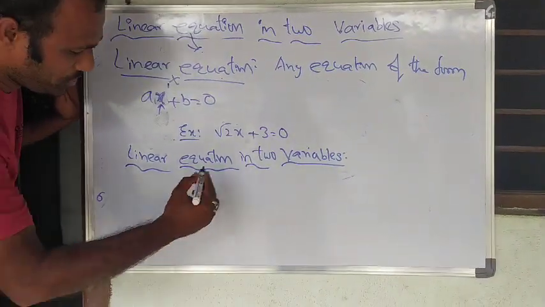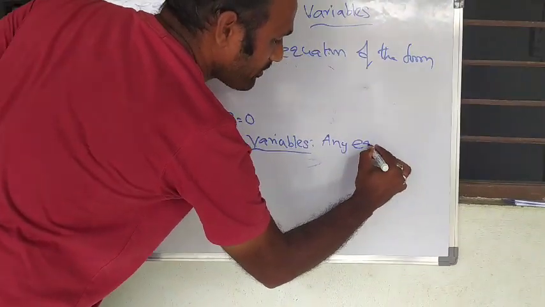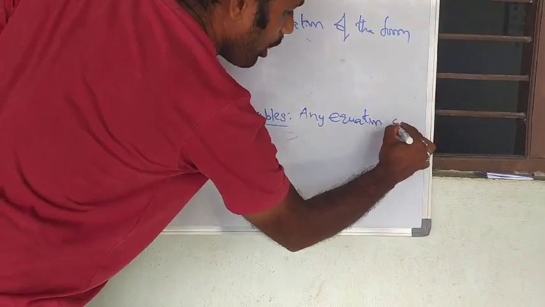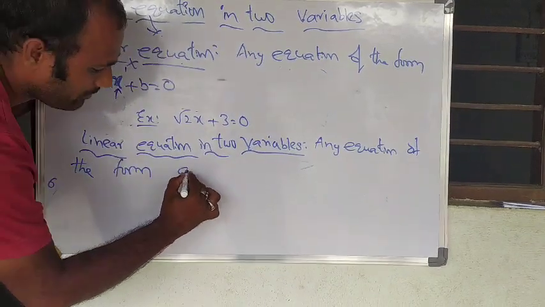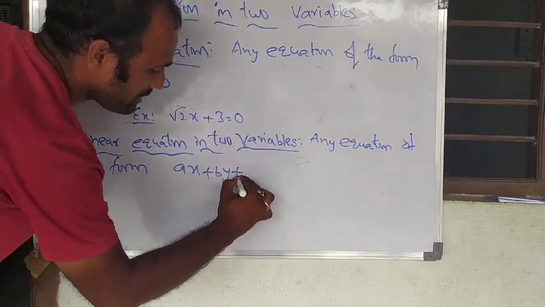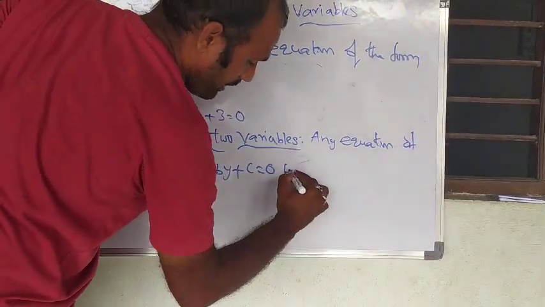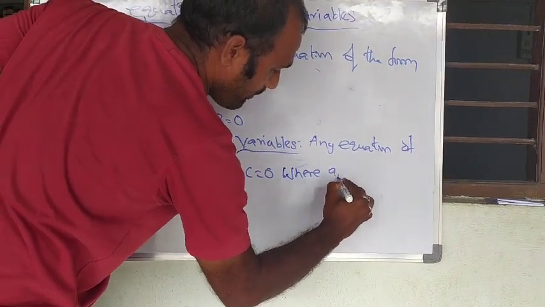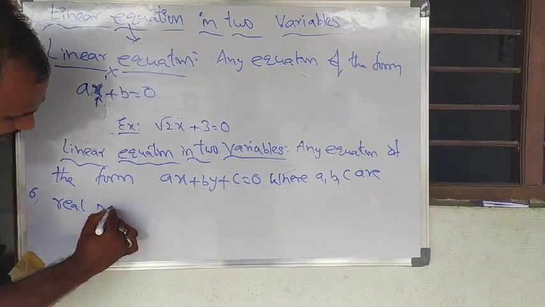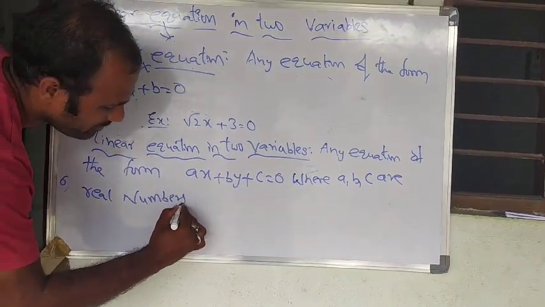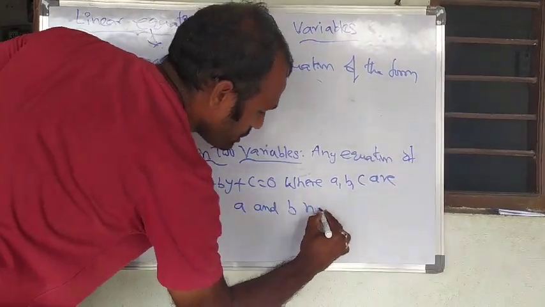While learning linear equation in two variables, any equation of the form ax plus by plus c is equal to 0 is called a linear equation in two variables, where a, b, c are real numbers and a and b are non-zero numbers.